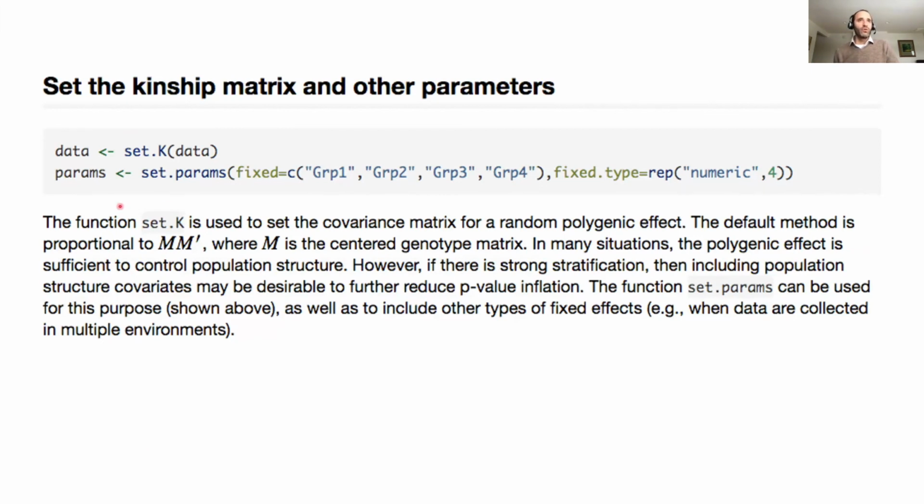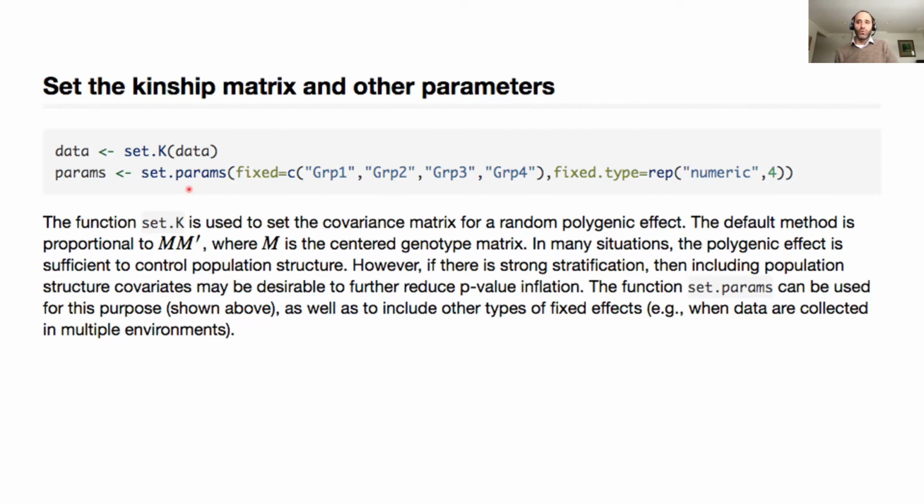So you can give it a different kinship matrix estimated with a different software package, or you can just let it do it internally, in which case it just does the kind of computation that you use in genomic prediction, where you take the allele dosage matrix and multiply it by its transpose. So that's the set k function.